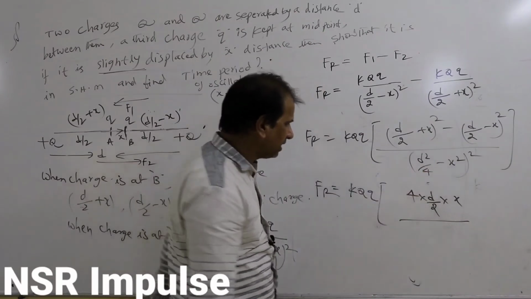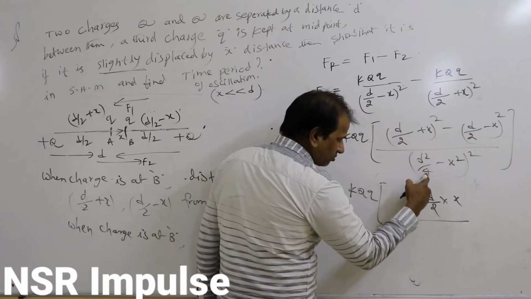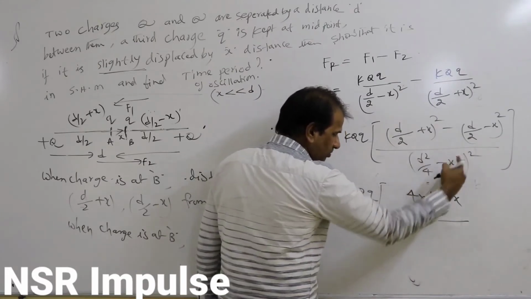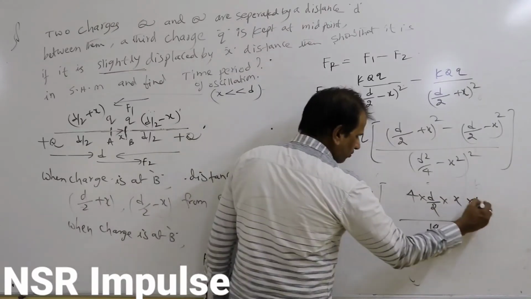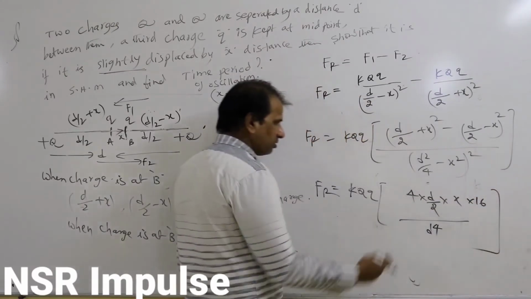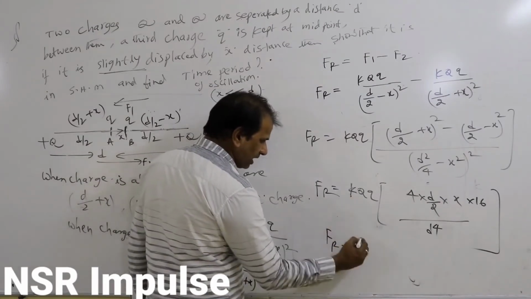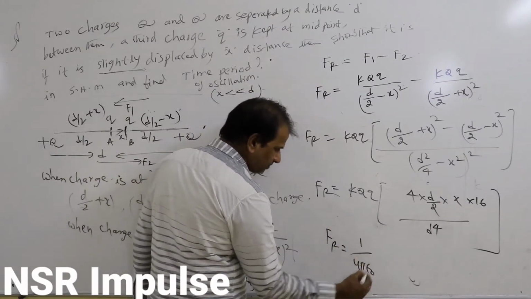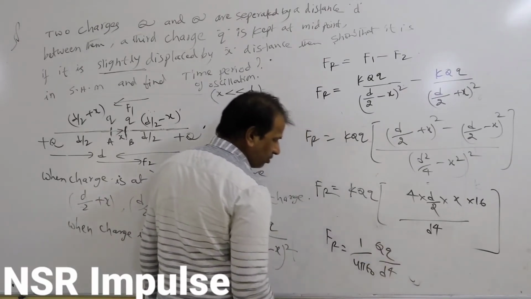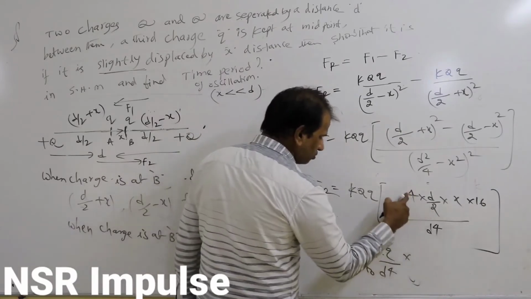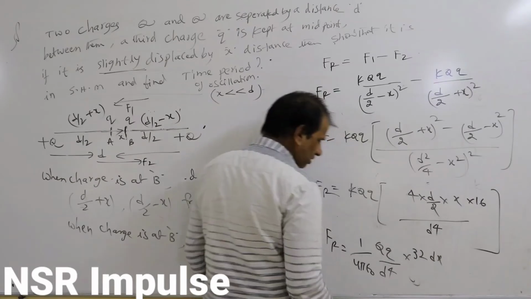So x can be neglected in the denominator. This becomes d square by 4, x is ruled out, so the denominator becomes d power 4 by 4 square, that is 16, and the 16 goes to the numerator. So Fr is equal to K Q q by d power 4 times 2 into 16, 32 d x.